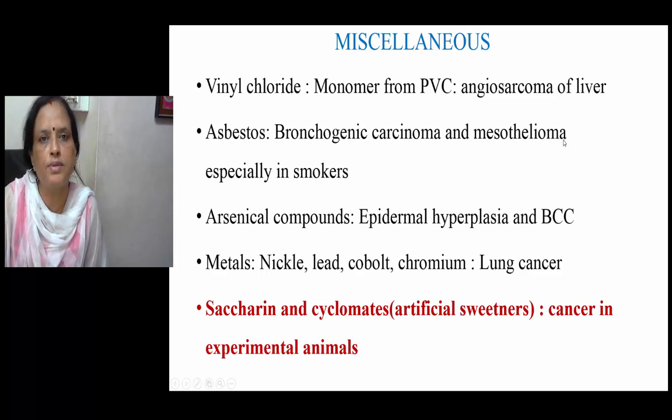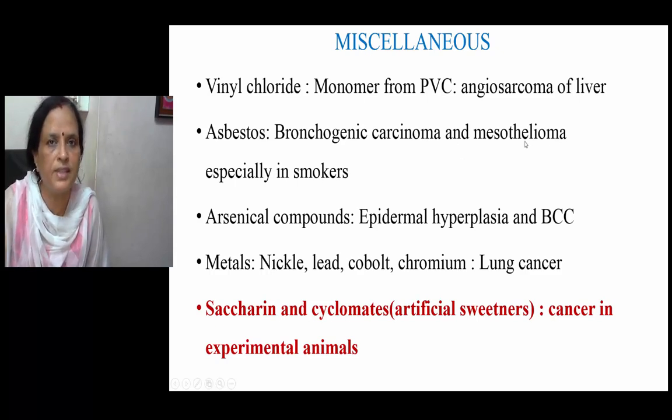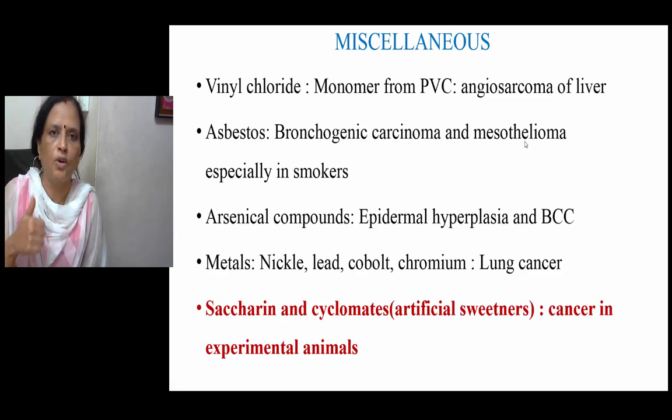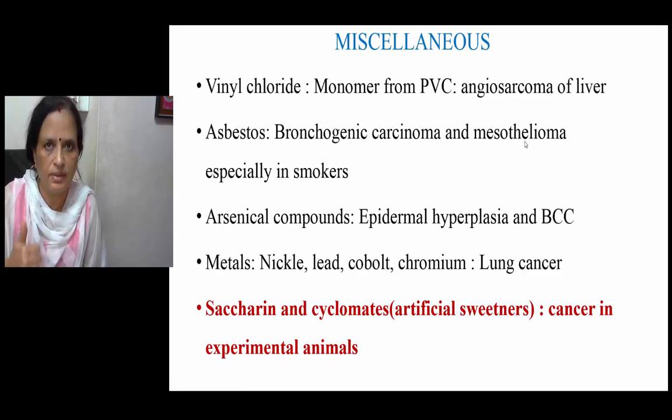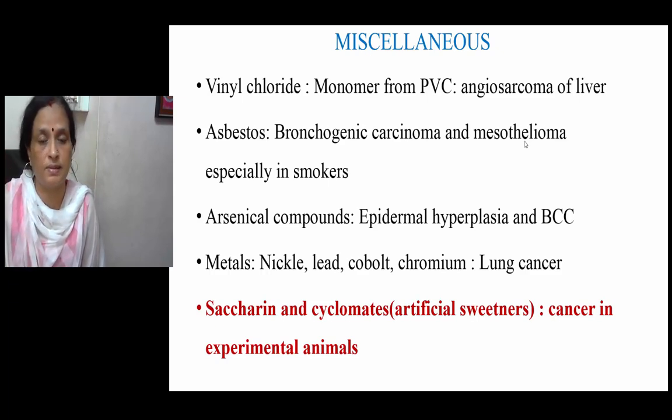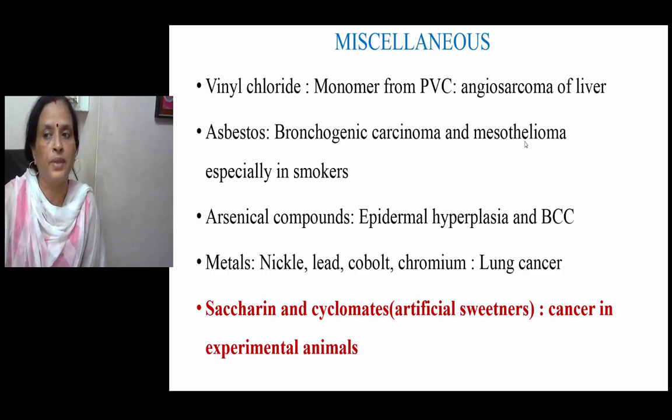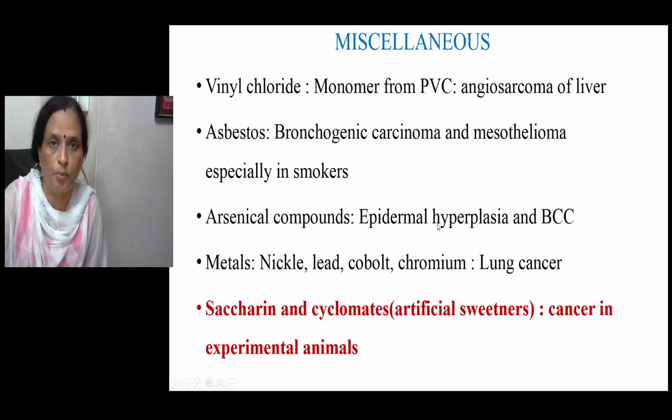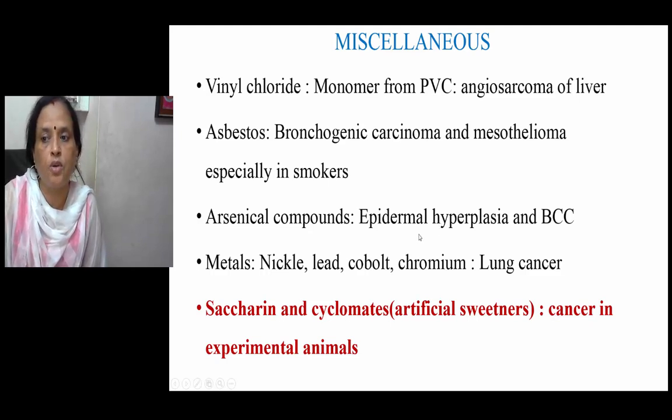So they're prone to develop first a pneumoconiosis, occupational disorder, that lung disease, that is asbestosis. So after asbestosis, they're prone for bronchogenic carcinoma and mesothelioma. Another slide, I'll just tell you about it in detail. Then arsenical compounds. So they cause epidermal hyperplasia and basal cell carcinoma.